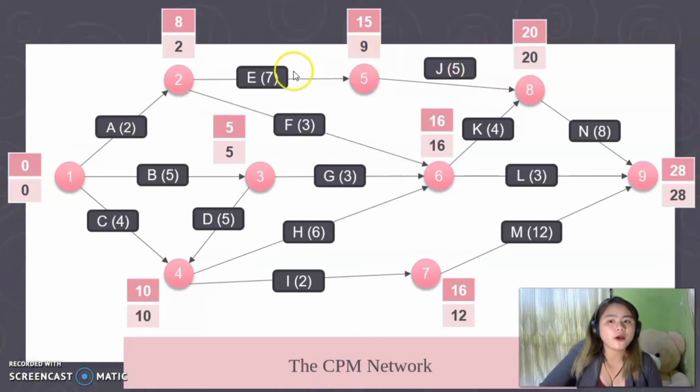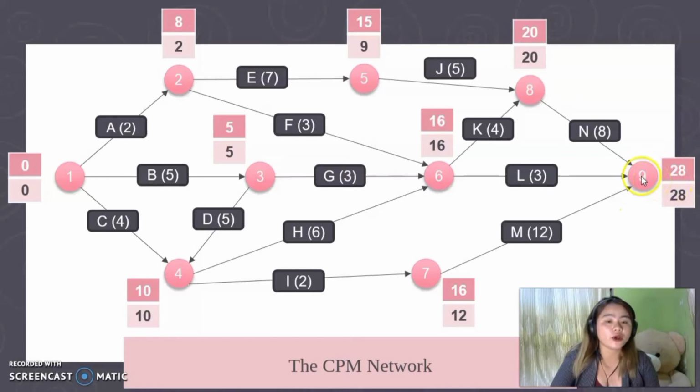So now I'm going to explain how I computed the latest completion time. Earlier in our computation of the earliest start time, we started at the very beginning, the starting point. Now, for the latest completion time, we start at the ending.